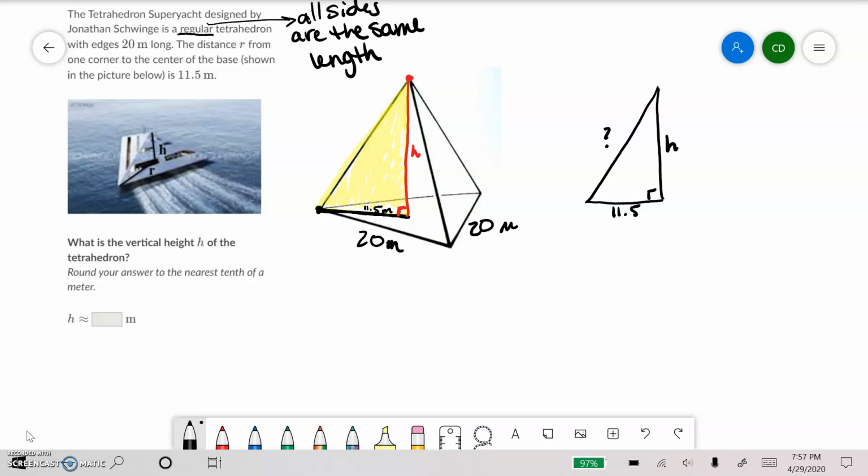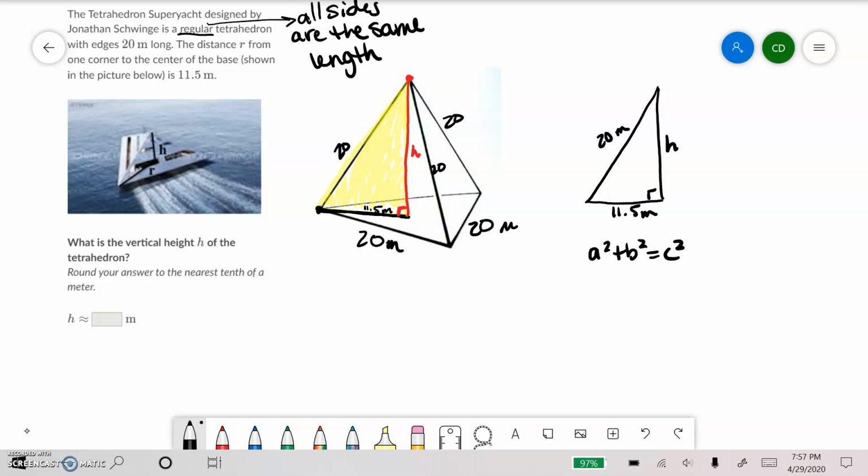Now, since it's a regular tetrahedron, not only are all the sides of the base 20 meters, but all the edges are 20 meters. So this one that we hadn't labeled before, this unknown, is actually just 20 meters. Okay, so we have a right triangle, and we're looking for a side.